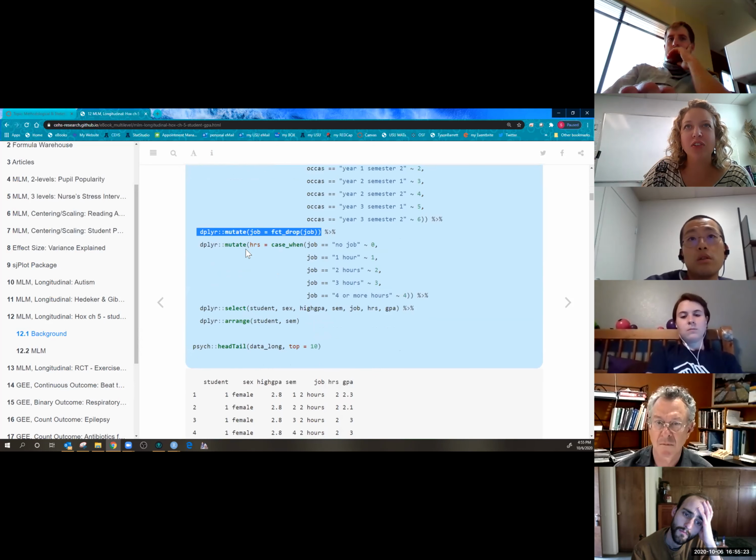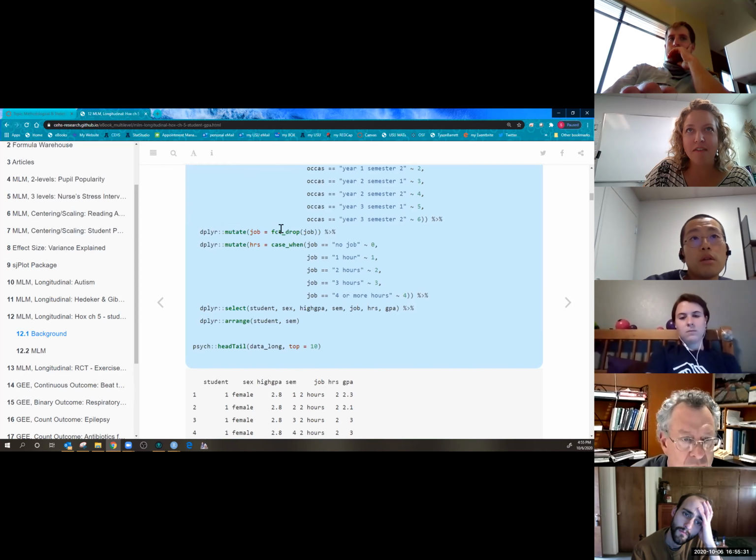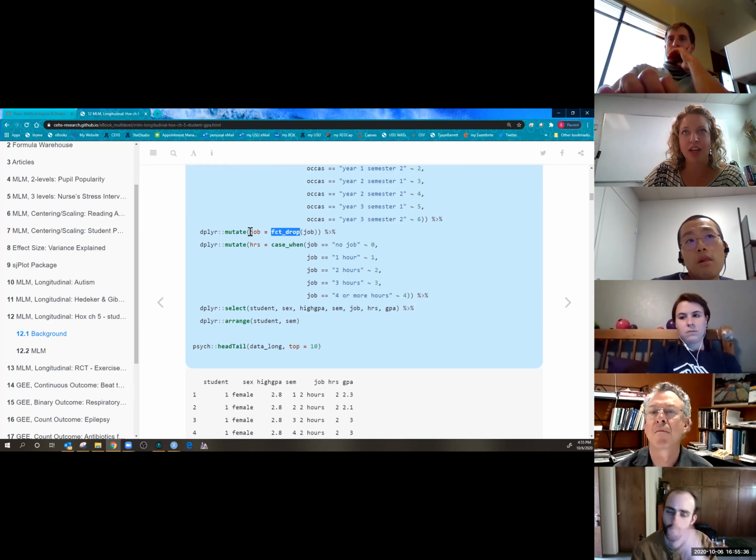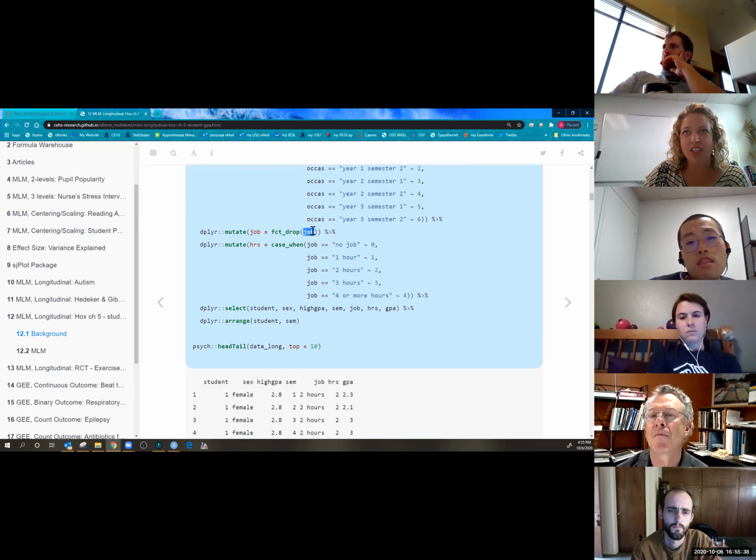And the wrangling way to do that is to take, right here, I said take the job variable and factor drop the factor levels that are not used. And notice it started as calling job and I'm resaving it still as job.